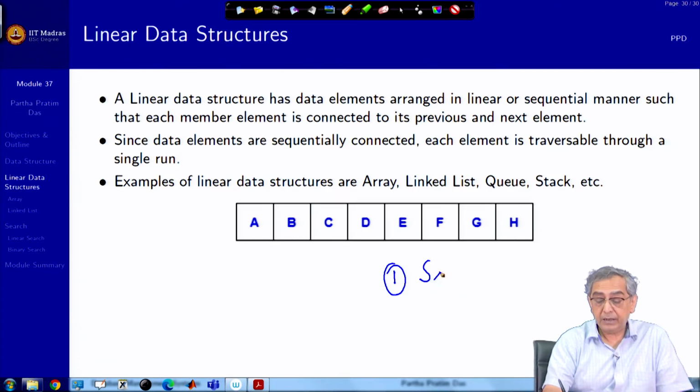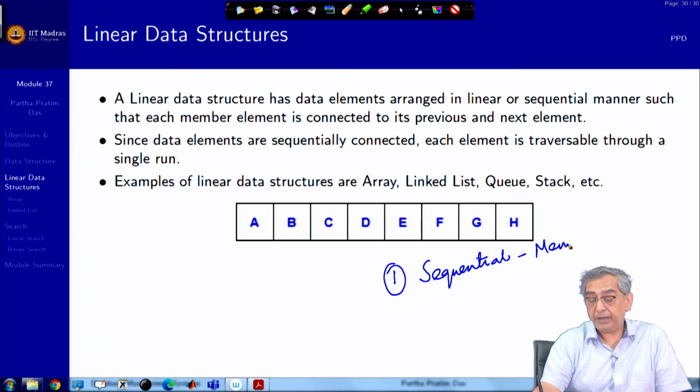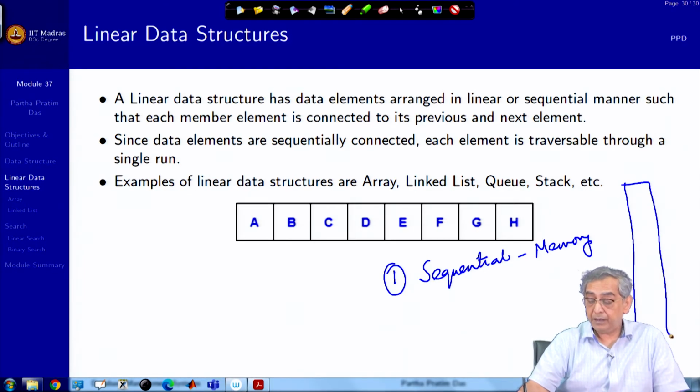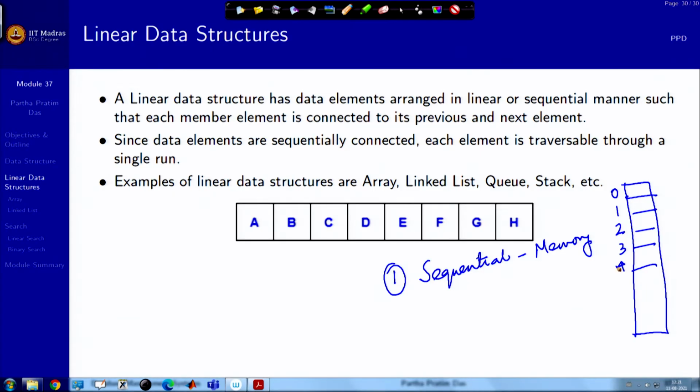One is purely sequential, like memory, where you have one after the other the data and they have addresses. Where is the next data element? Where does this data element end? They are necessarily consecutive.